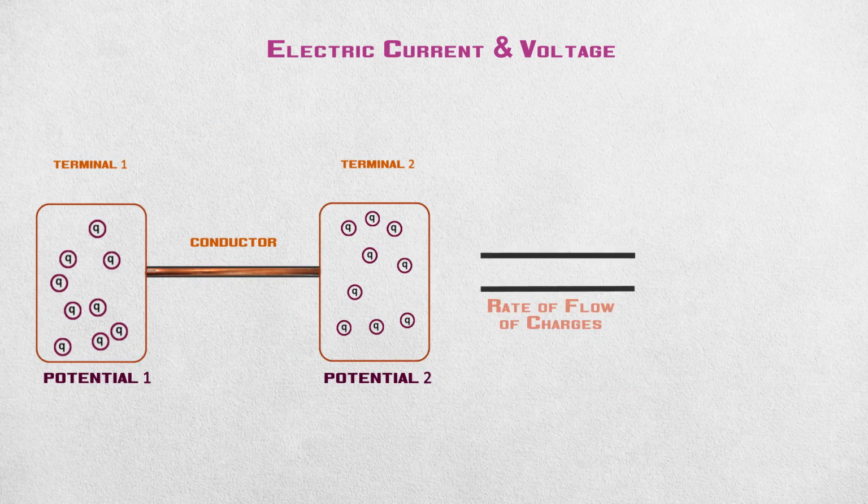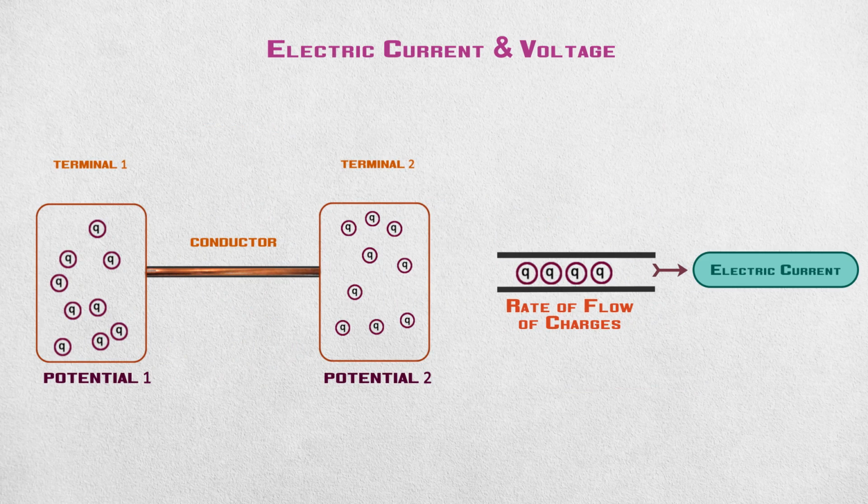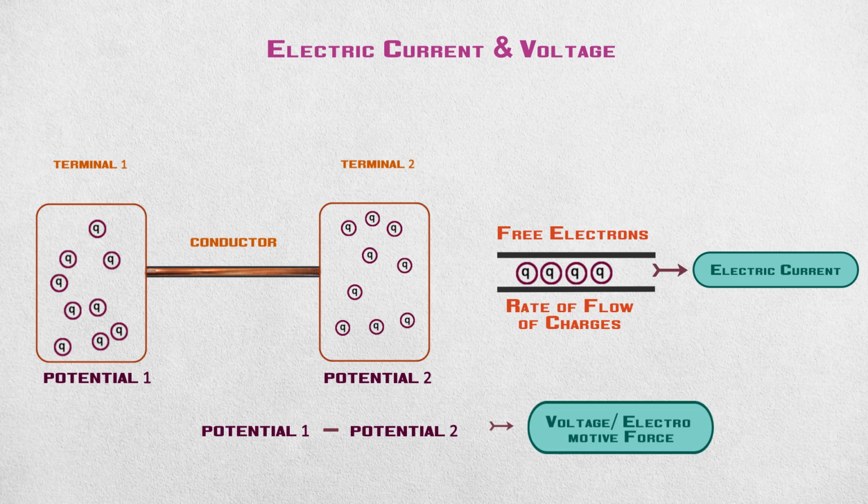In this case, the rate at which the charges flow through the conductor is called electric current. The current flow in conductors, or metals, is due to free electrons. Whereas, the potential difference between the two terminals is called the voltage, or electromotive force.